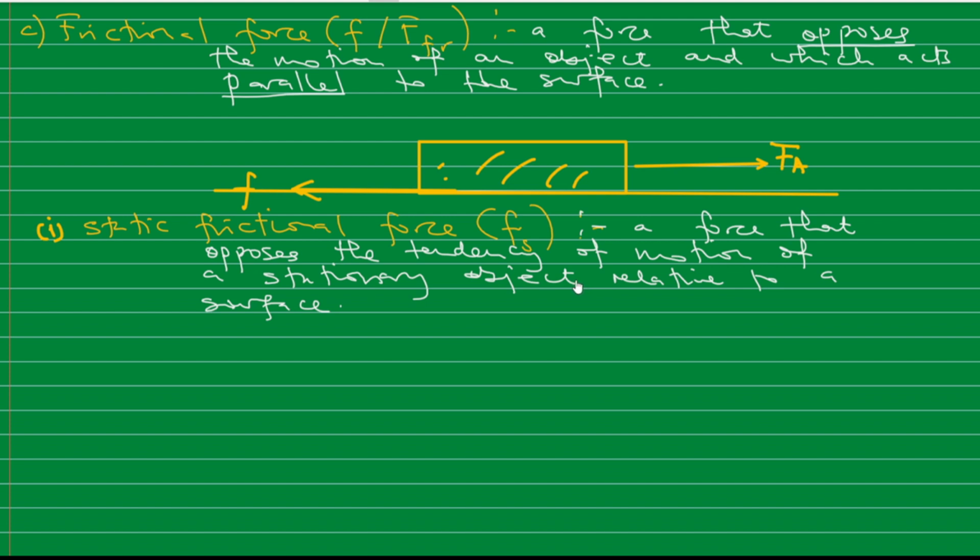So what we are basically stating in this definition is that static frictional force is a force that opposes the tendency of a motion of a stationary object. So two things again. One, it is a force that opposes the motion of an object. Secondly, that object is stationary, which means the object is not moving. We can just basically put it as follows: a force that keeps an object at rest.